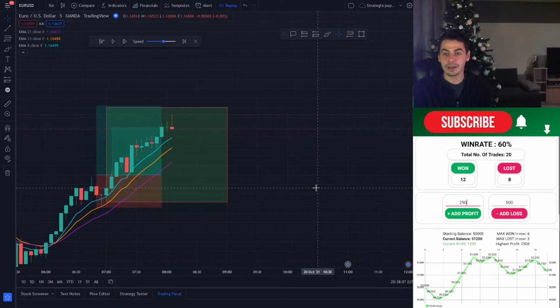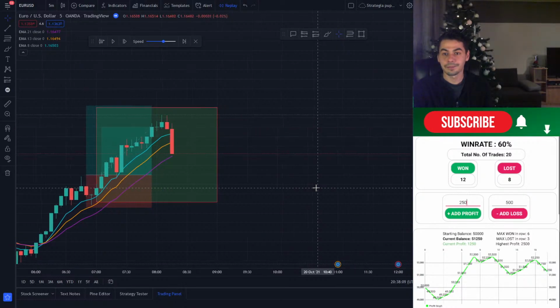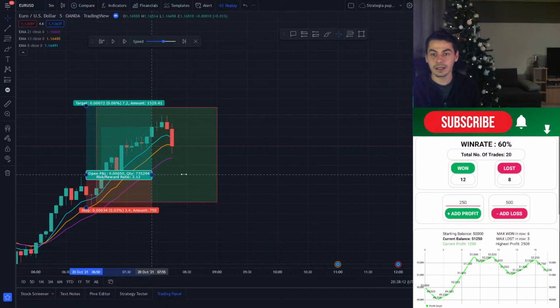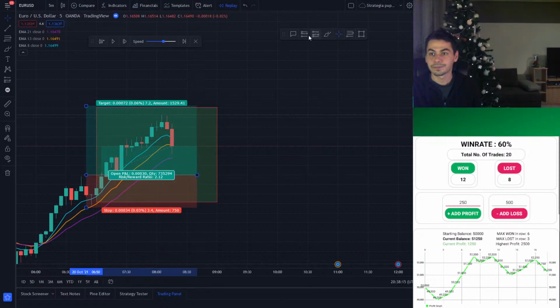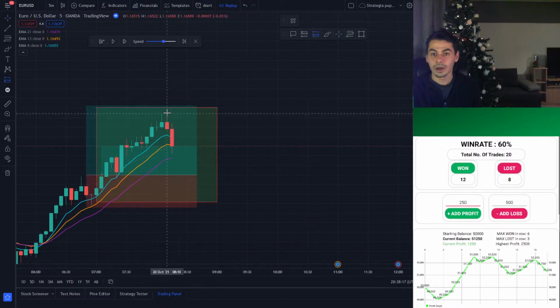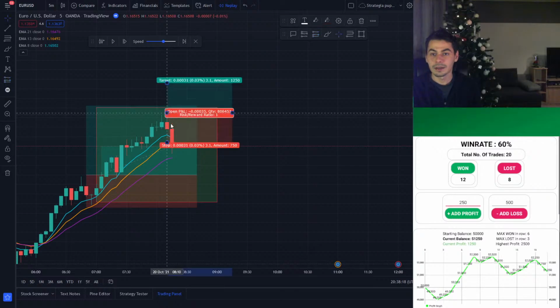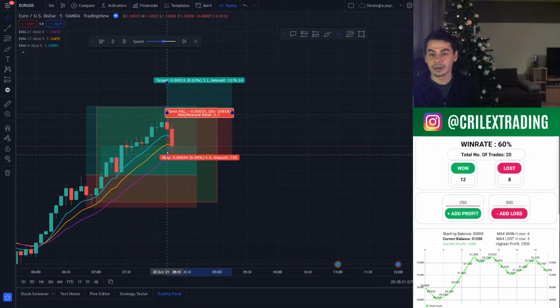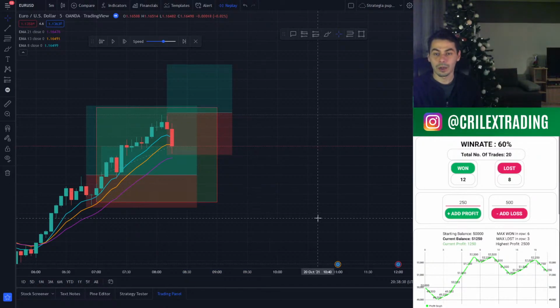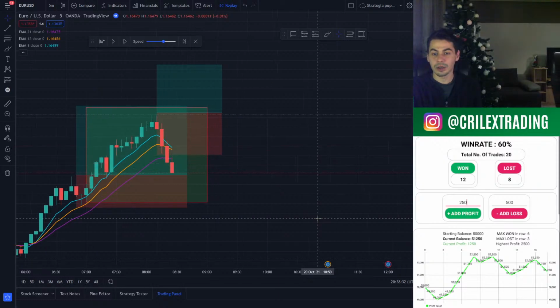No retests of the EMA so far. We have a retest now, so we can set a pending order right here on top of these wicks, and the stop loss below the candle that we used as a trigger, and we are targeting 1-to-1. So let's see how this position will go.